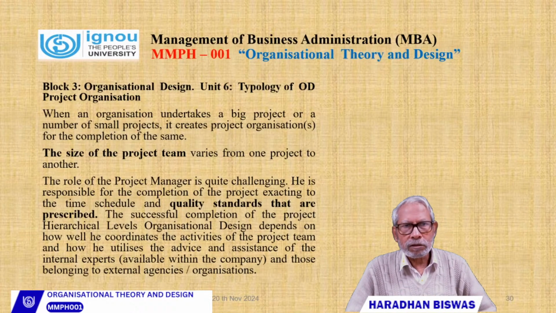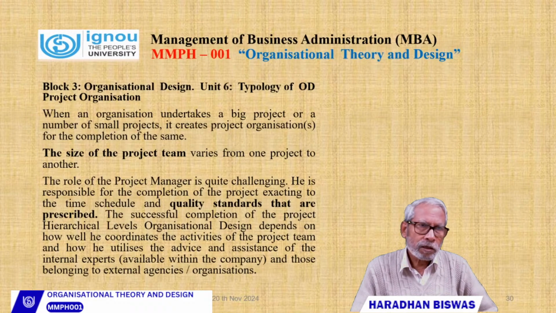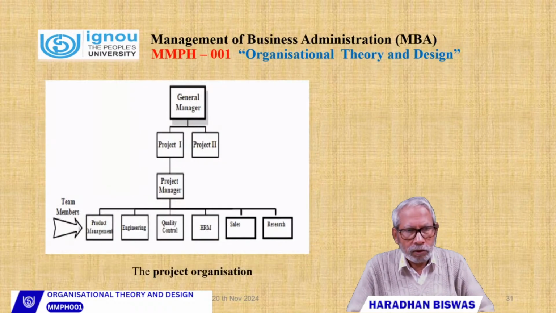And then what external agencies are involved, that part we have to see. So this is one of the parts where we can see the project organizational part, depending on the project team, how to decide what varies from project to project. It is quite challenging to decide how to give the responsibilities and ensure completion of the project teams within the time schedules. So let's see the layout.